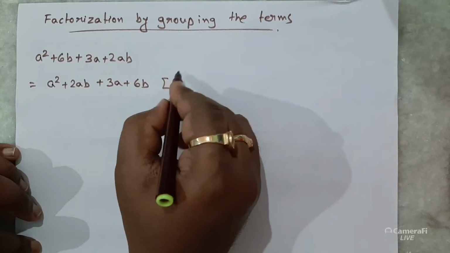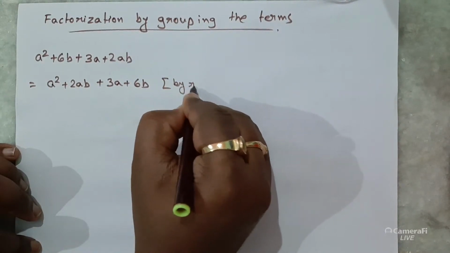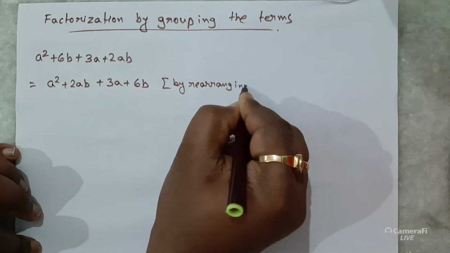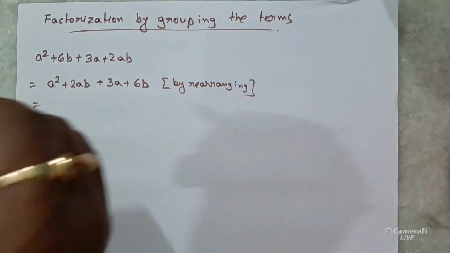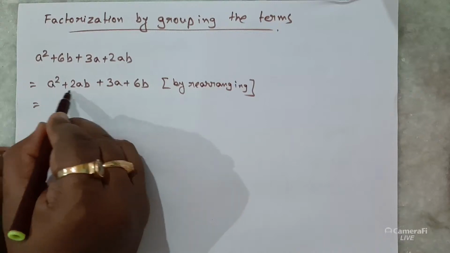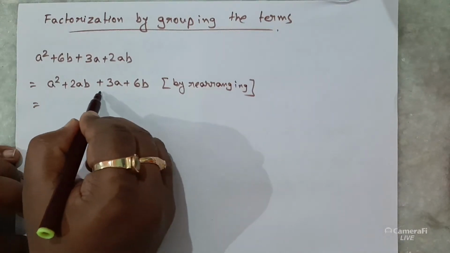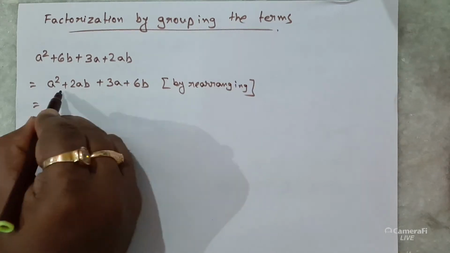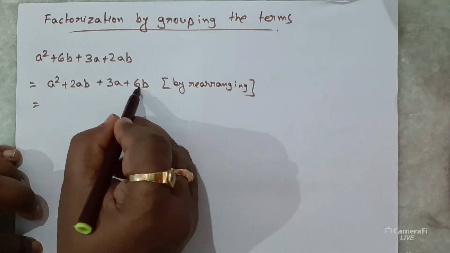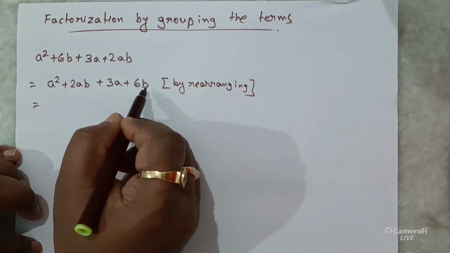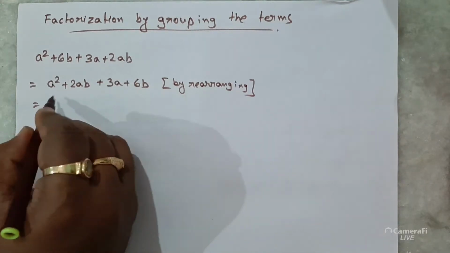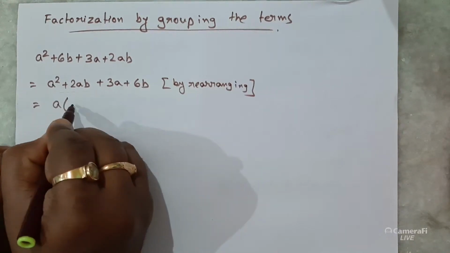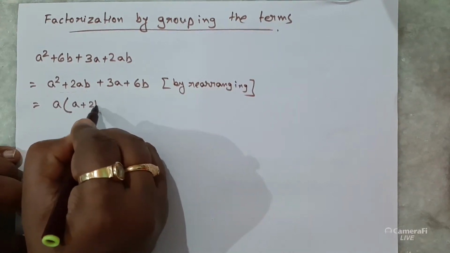So by rearranging, from the first two, you have to notice, if we take a common from all, then there will be no factorization, since in the 6b there is no a. So we take a common from the first two, that is a plus 2b.